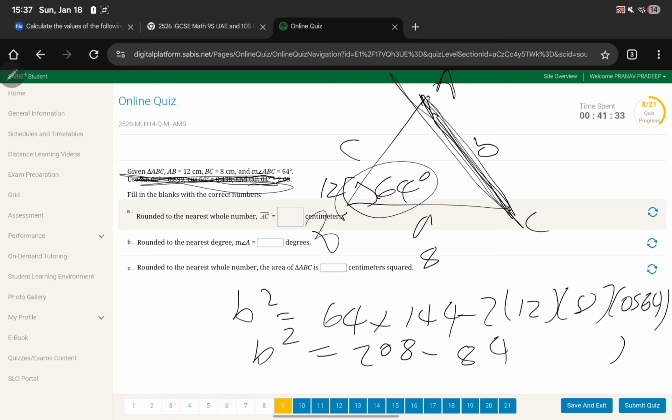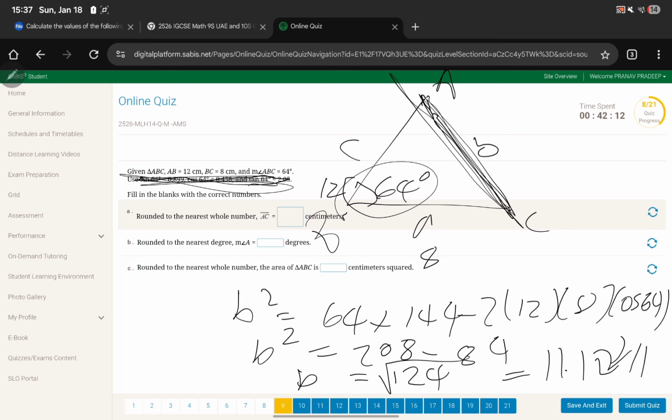And 208 minus 84 will give you 124, and you find the square root. B equals square root of 124, which is 11.1, which is 11.